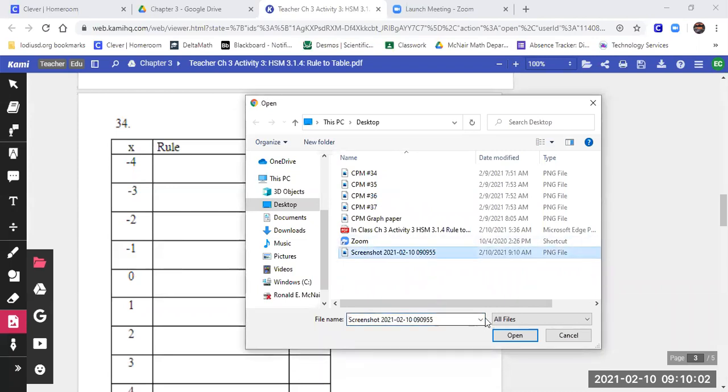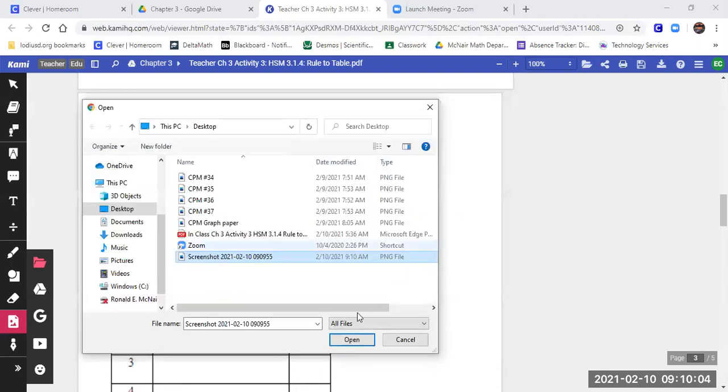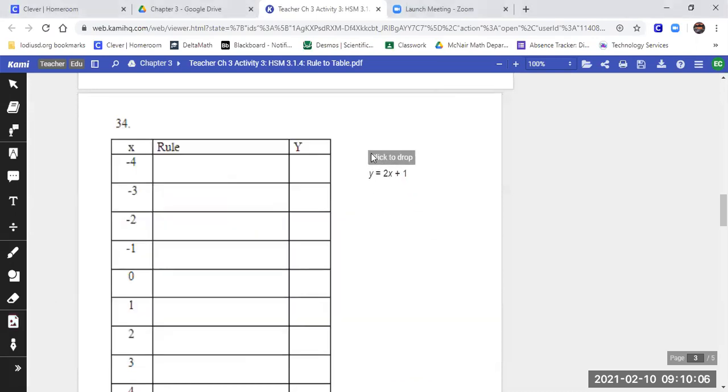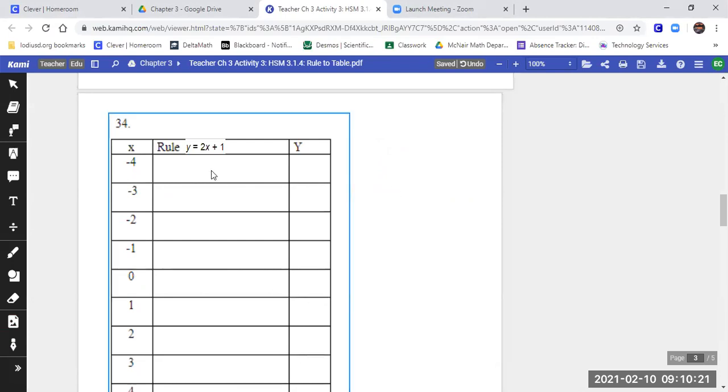So now it's here for me to pick. And it'll let me have the equation down here to work with. Okay. So this is my rule. So I'm going to put it in the rule box. It's my rule. And I'm going to use these numbers in that rule. We've done that before, right?